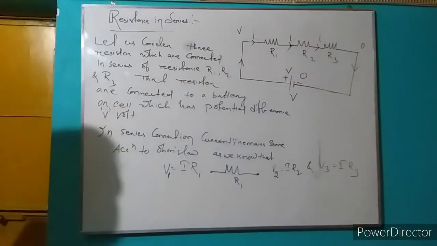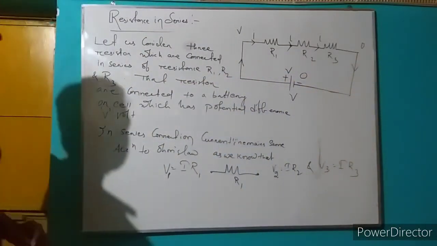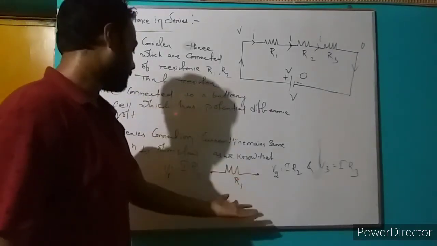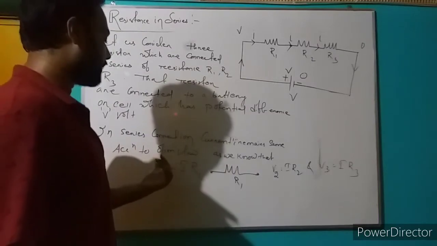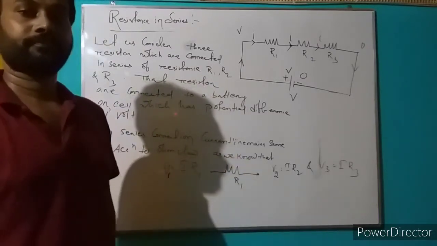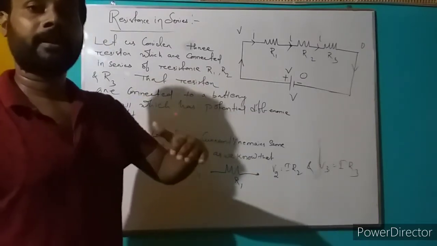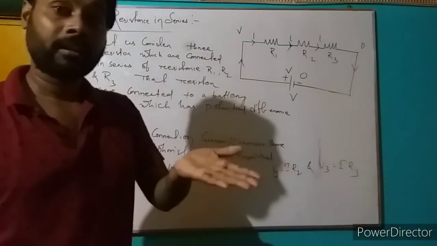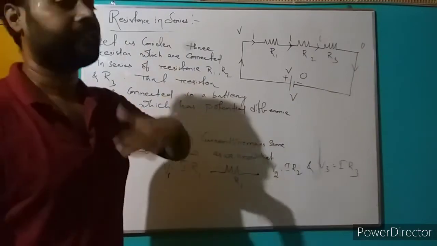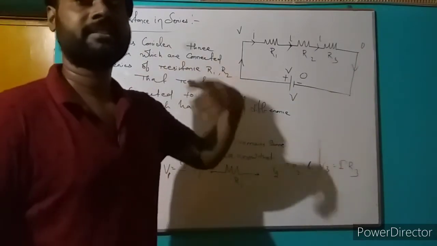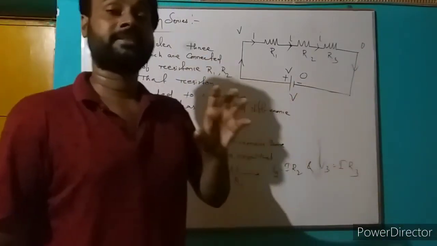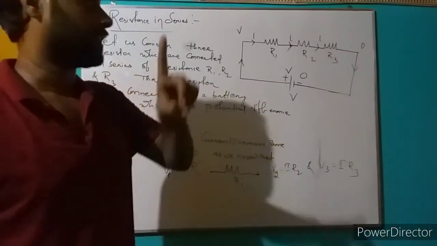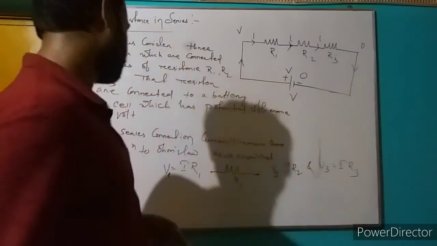If there is a change of resistance, the potential difference also changes, because there are several resistors and their resistances are different. That's why their potential differences are different when the resistors are connected in series.